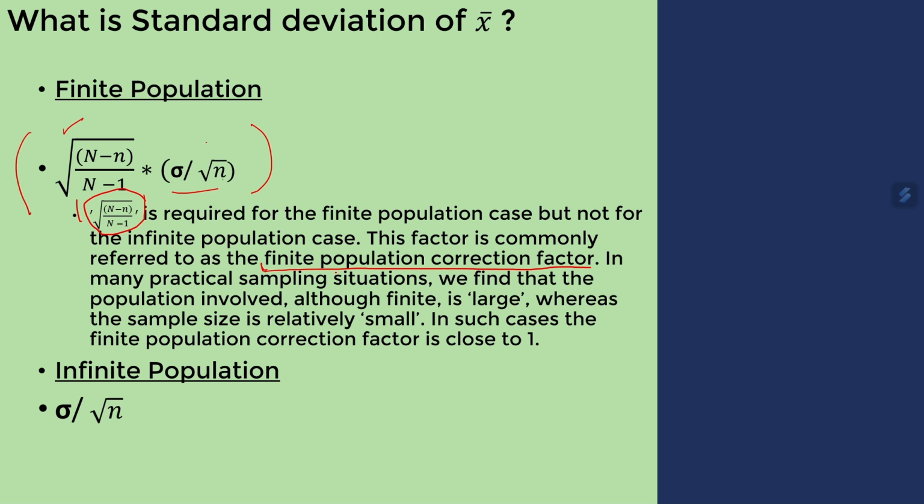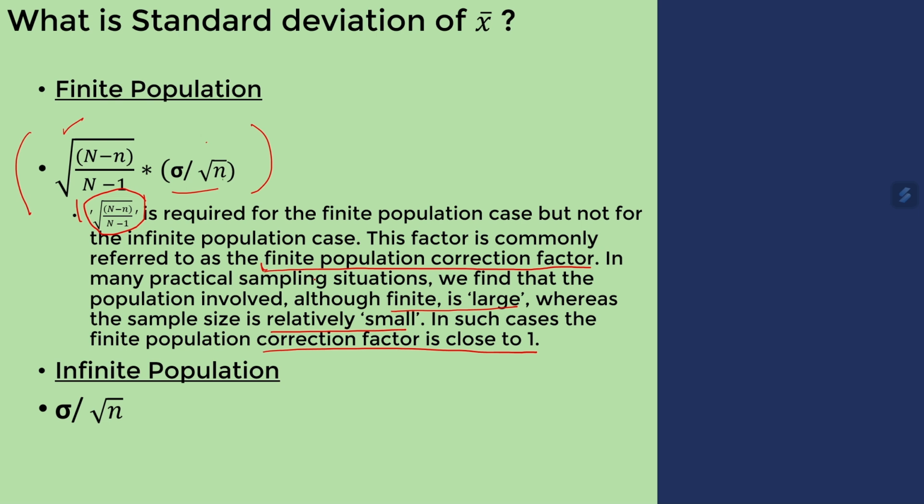So in many practical sampling situations, we find that the population involved, although finite, is large, whereas the sample size is relatively small. In such cases, the finite population correction factor is close to 1. Meaning that when your population is finite, its size is going to be relatively larger than your sample size.